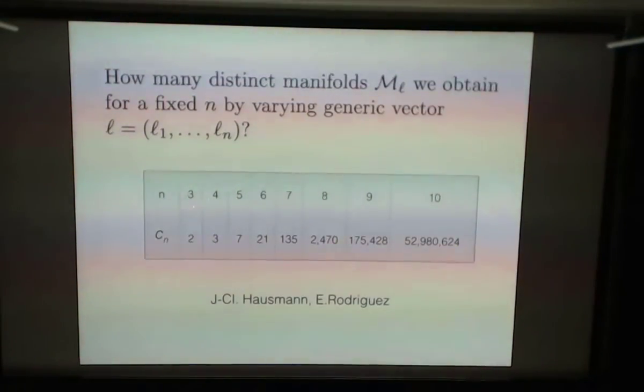For n equals 3, we had 2 options, a circle and an empty set. For n equals 4, we had 3 options: 1 circle, 2 circles, and the empty set. For n equals 5, we had 7 options, which we just discussed. And if you go further, you see that for n equals 10, there are 52 million different manifolds. So the number of manifolds you obtain grows very fast.